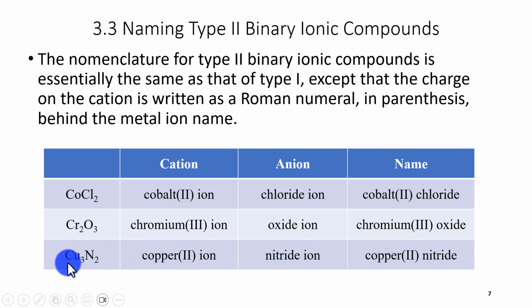When I write the name of this compound, I write the name of the element, which is copper. It is a +2 ion, so I specify the charge in Roman numeral 2. And then I write the name of the anion, truncated with the IDE ending, and it becomes nitride. So copper(II) nitride.